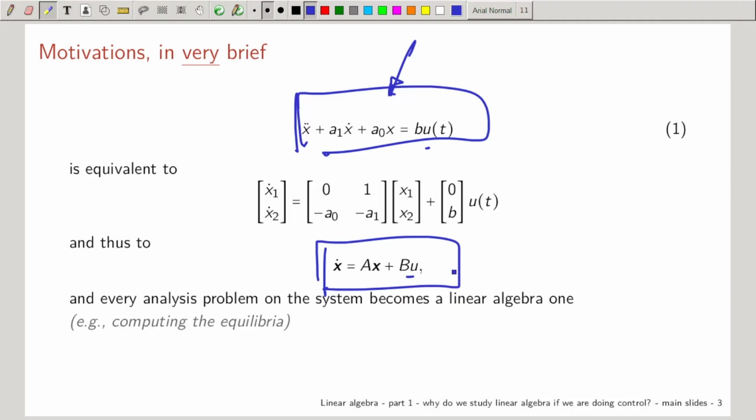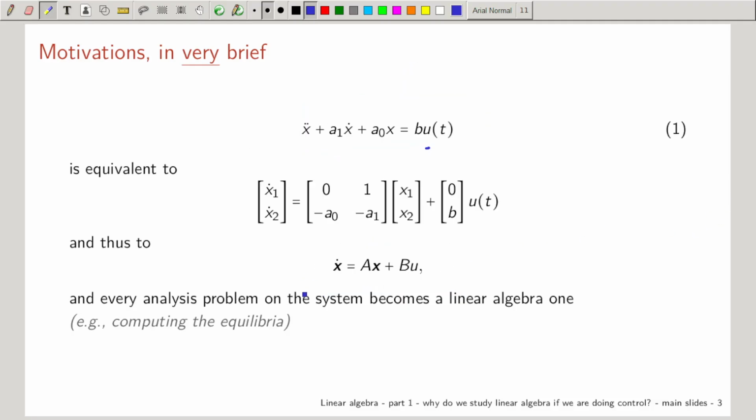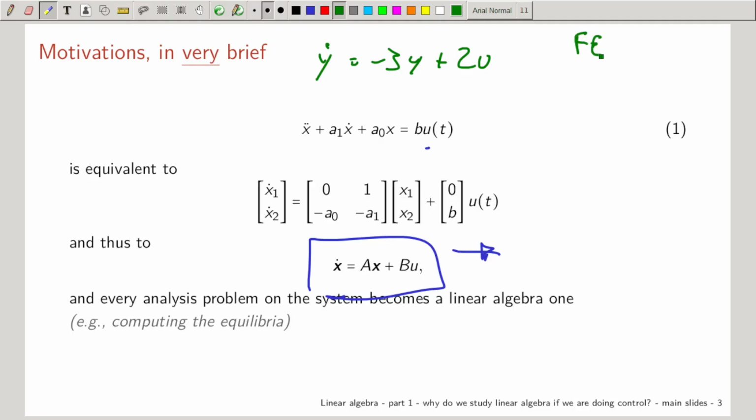Okay? And this one, so let's make a try. If I have y dot is equal to minus 3y plus 2u, the free evolution starting from y0 equals minus 5, y free evolution of t is going to be equal to what?